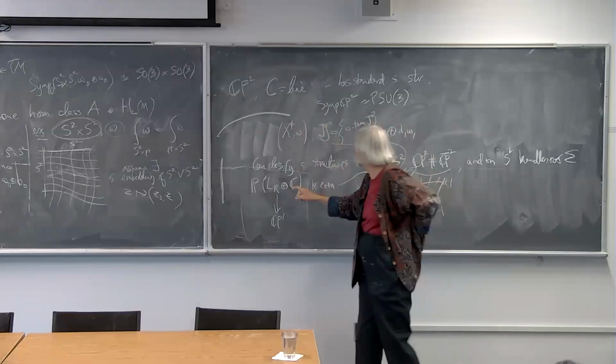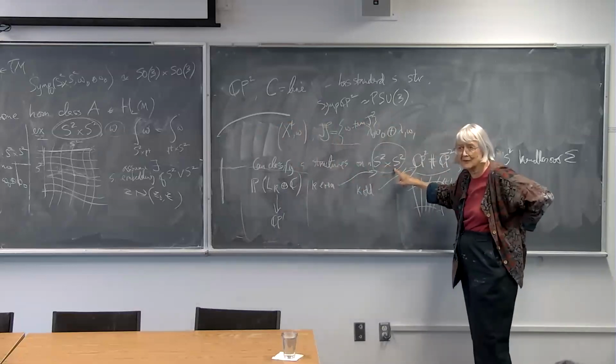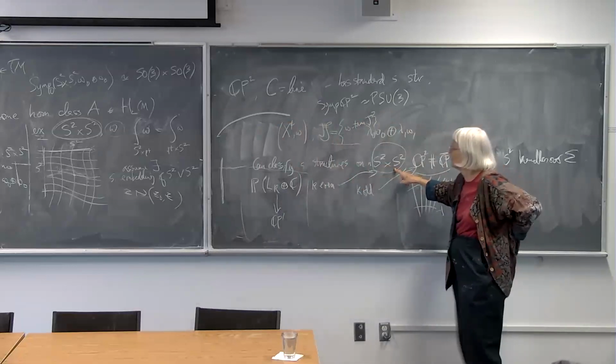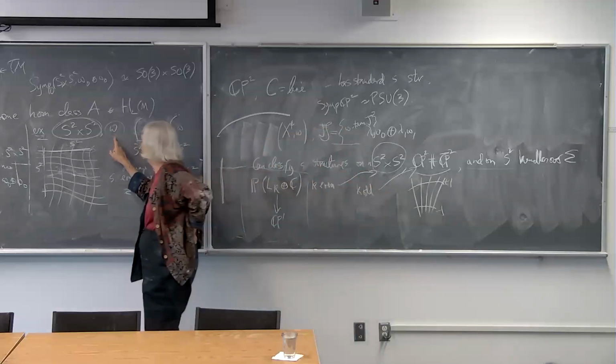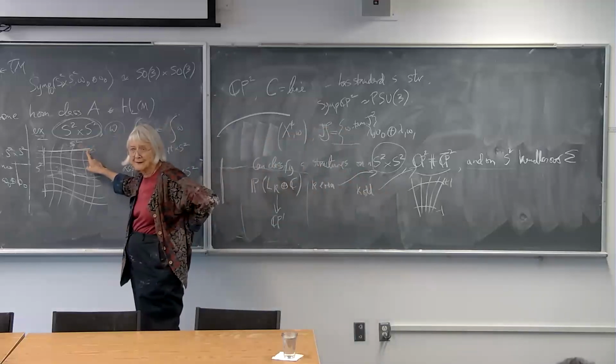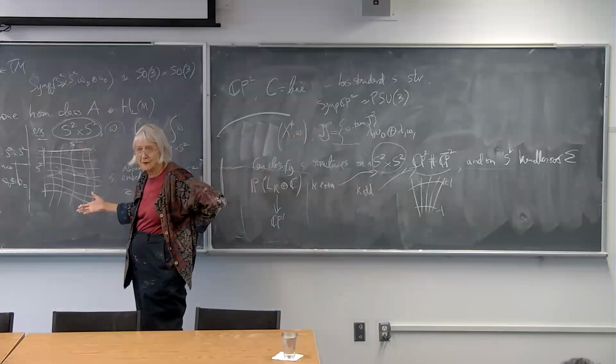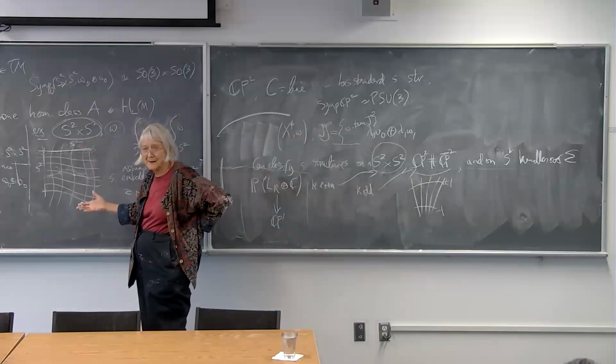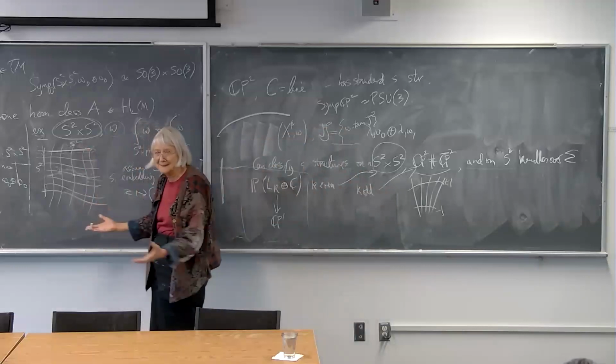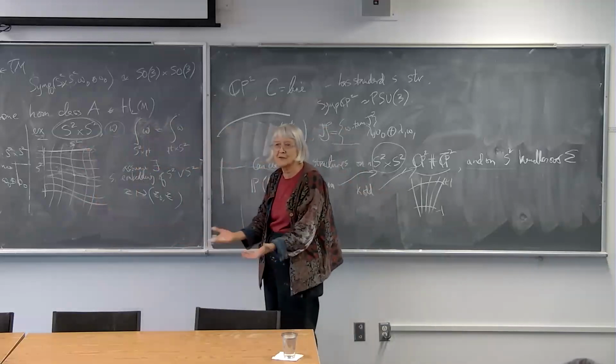If you take S2 times S2, which is the easiest case to see, with equal areas, which is what I was doing here, then of course you never see a -2 curve, because that would have negative area, and it couldn't be J-holomorphic.